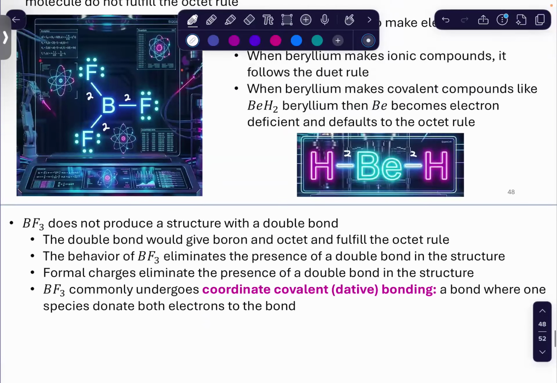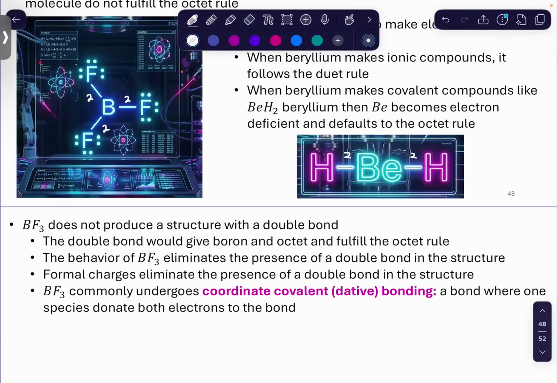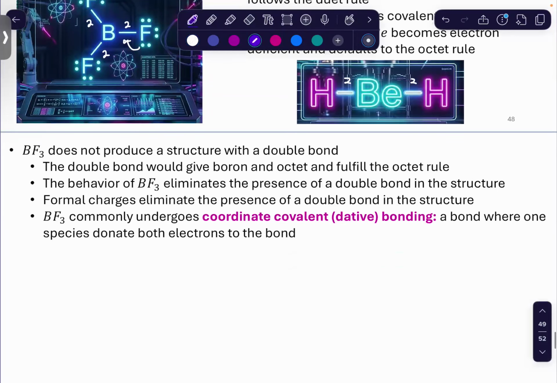And you might think, what if, let's just say for boron, one of these lone pairs from fluorine pushes in, and you get a double bond. Okay, well then the fluorines would have an octet, and boron has an octet. Yeah, there's a problem with that. Boron's a small atom. The energy shell it's in doesn't really allow too much for that, but more than anything, its behavior says, no, it's not really going to do that.